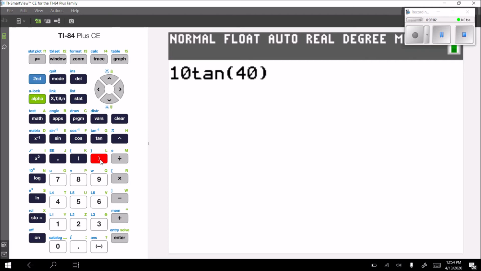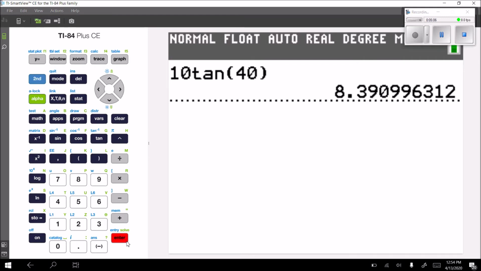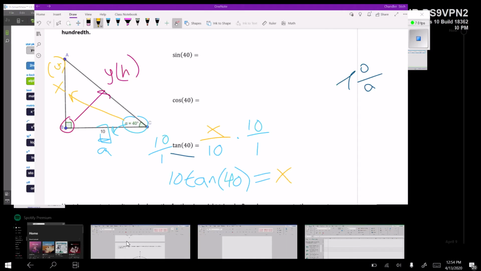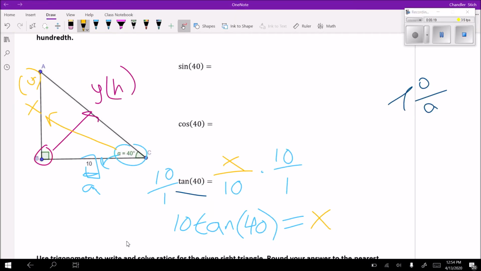So I want 10 times tan 40, hit equals, and what do I get? 8.39. Now I typically will round to the nearest hundredth here, so 8.39. What does x equal? 8.39.